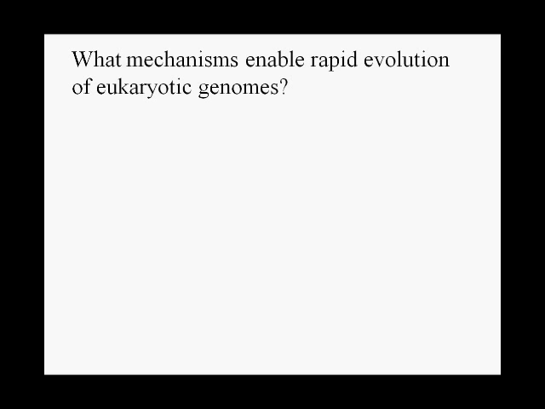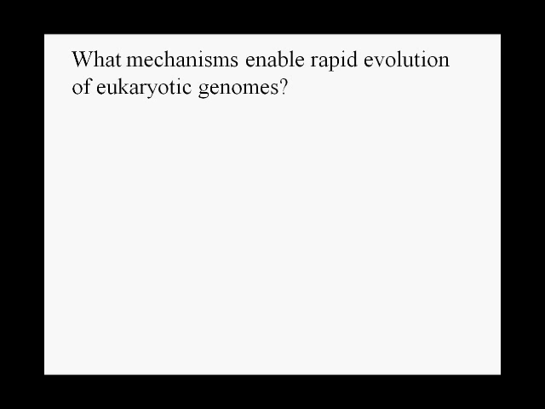If you think about the tremendous diversity of multicellular eukaryotic organisms, from plants to animals, and that has all happened in the last 600 to 700 million years, whereas prokaryotes have been evolving for, let's say, 4 billion years, one has to conclude that eukaryotes have to be able to evolve quite rapidly as well.